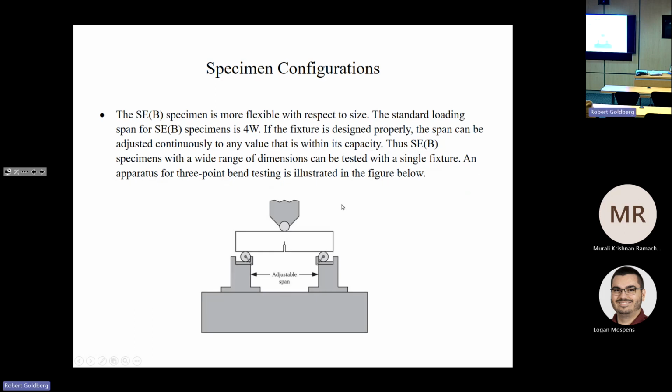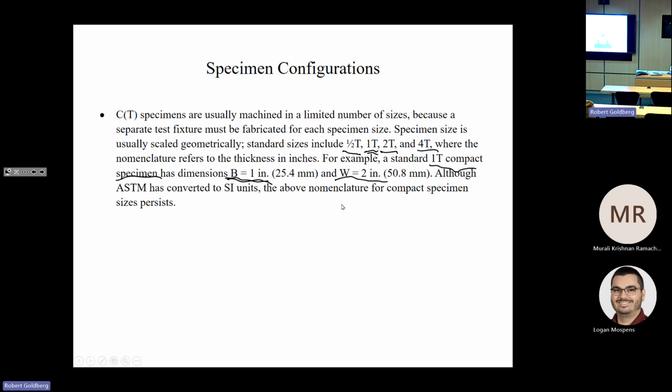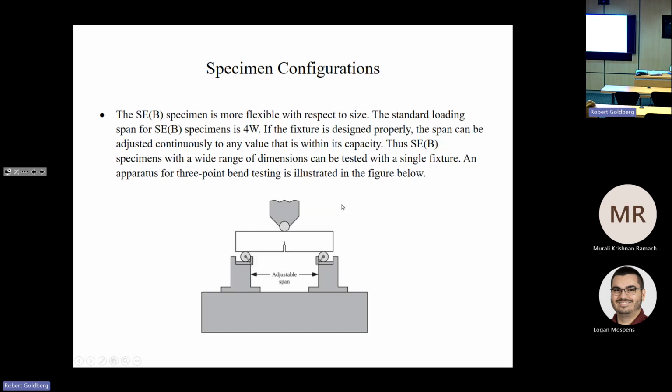Now, the single edge bend specimen is more flexible with respect to size. The standard loading span for the SEB specimens is 4W, so 8 inches. And if the specimen is designed properly, the span can be adjusted continuously to any value that's within its capacity.